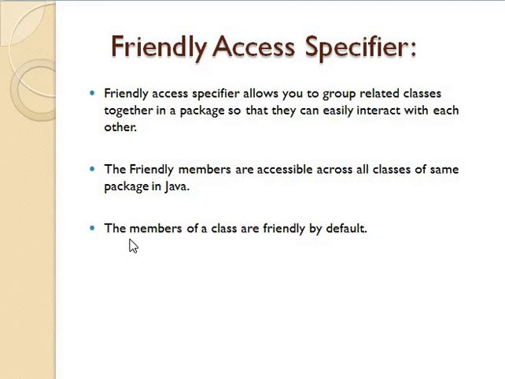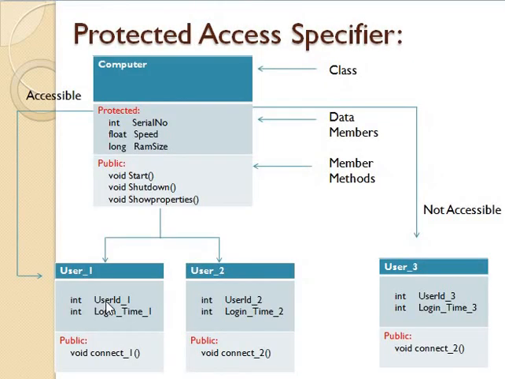I have also explained to you in my last presentation that the members of a class are friendly by default. That means if you do not provide any access specifier for the data members, then by default the data members will be given the friendly access specifier.